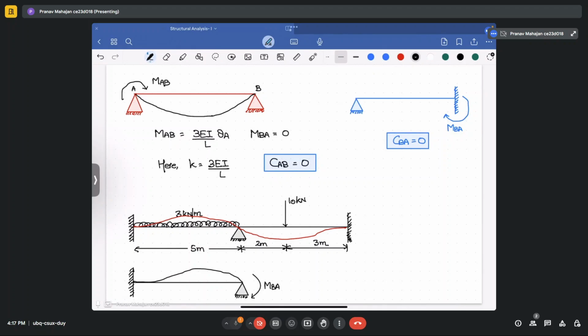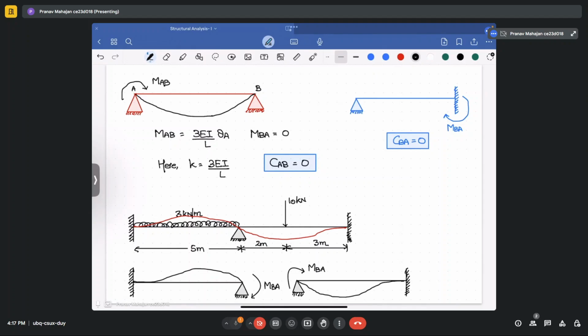In this case, when a concentrated load is applied, the moment is applied in clockwise direction. So the deflected shape of the beam will look like this.